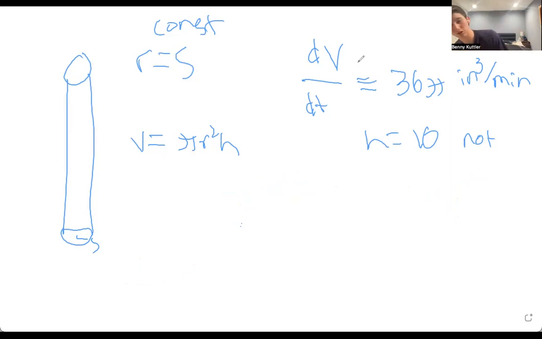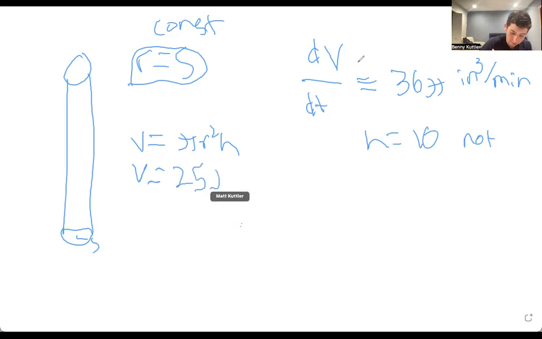Okay, that would have given us 2 unknowns, so it's important to not make that mistake. We know that r is constant. So before we take any derivatives, we have to remember that r does not change in a cylinder. So we plug that in before we take a derivative. So we have V equals 5 squared, r is 5, and 5 squared is 25. So 25 pi h.